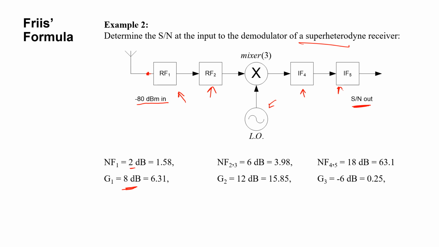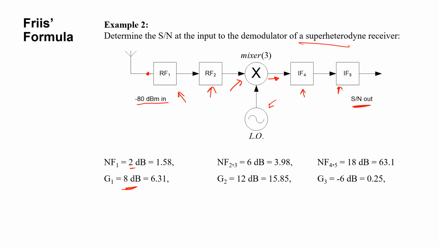G2 is 12 dB, G3 is -6 dB, because G3 is a mixer, and mixers normally do not amplify the signal. They deteriorate the power of the signal. So G3 is actually 0.25. It means whatever is going inside the mixer, only 25% will come out.